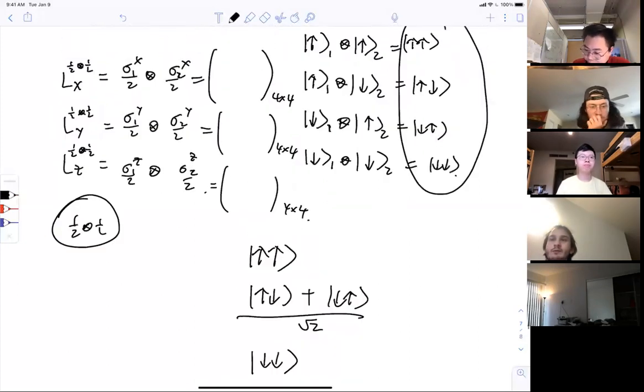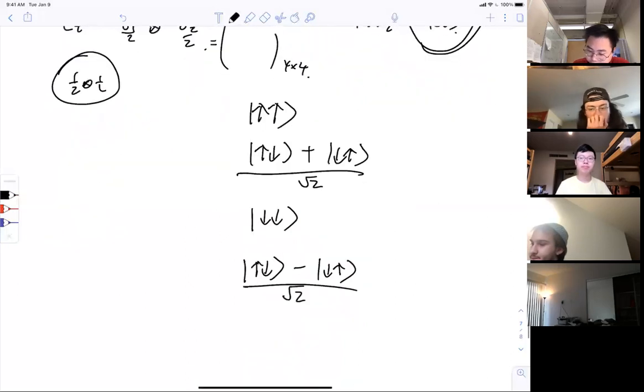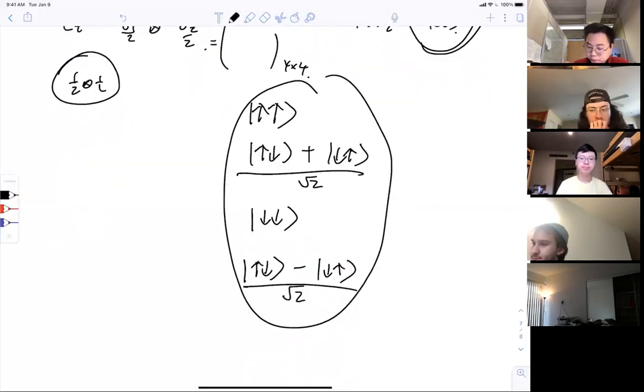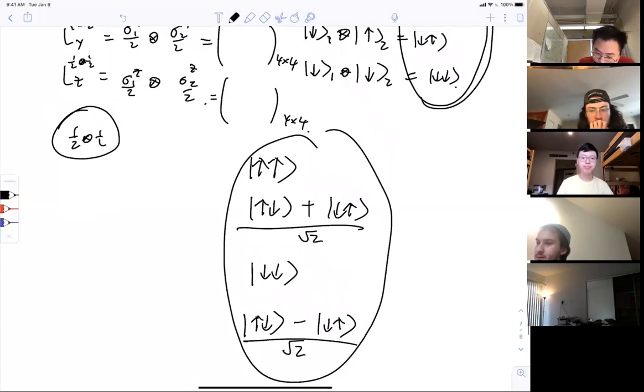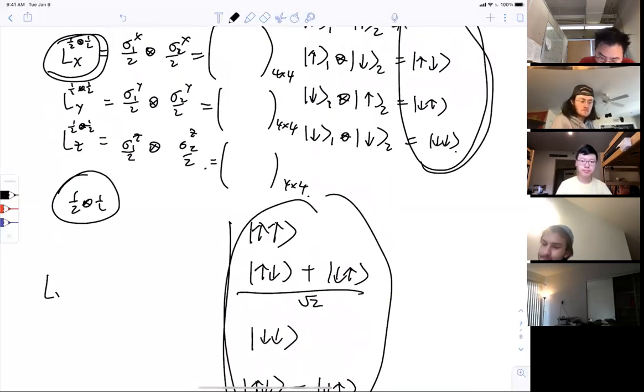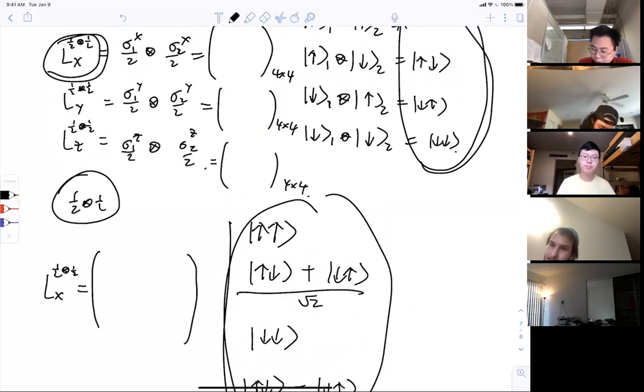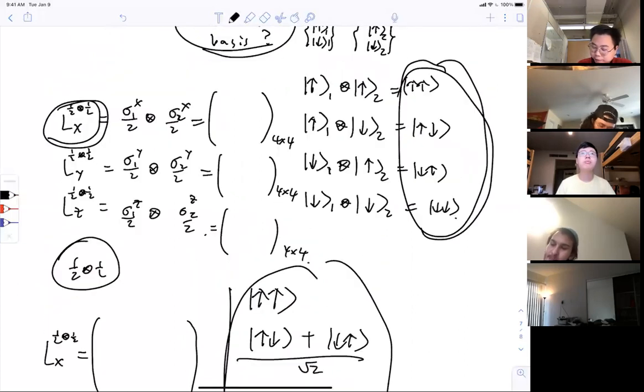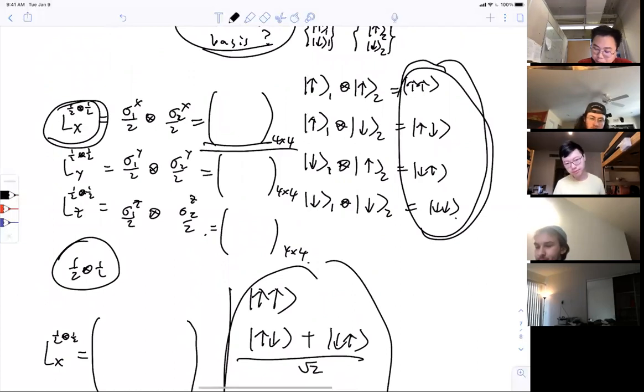Okay, so this is my original basis. Now I just change my basis and reorder them. In this basis, my original Lx would become, I mean, what I'm doing here, you can do it rigorously by finding the transformation of the basis and acting on these 4x4 matrices.